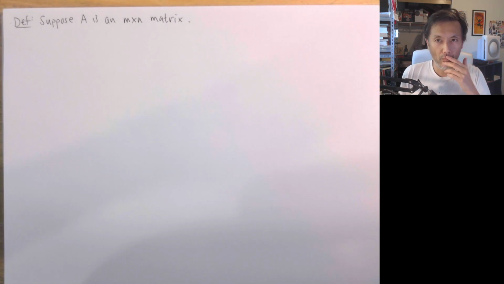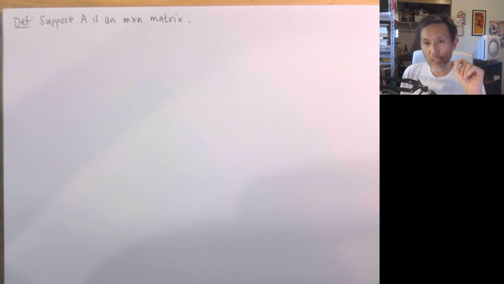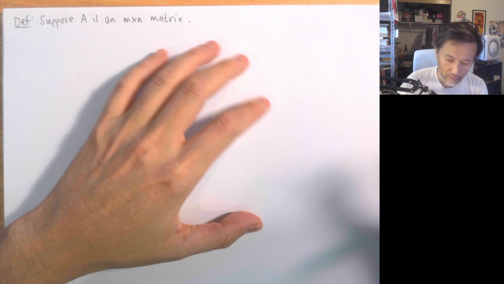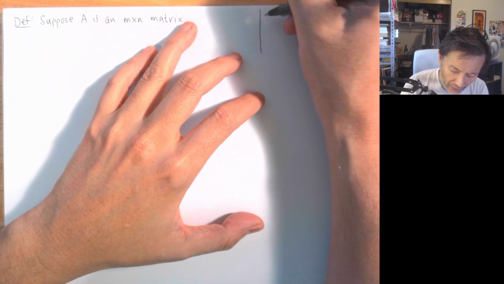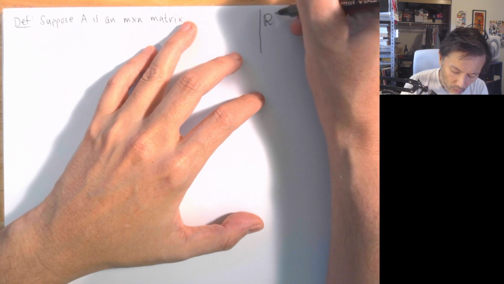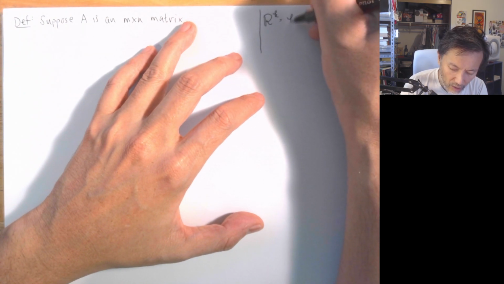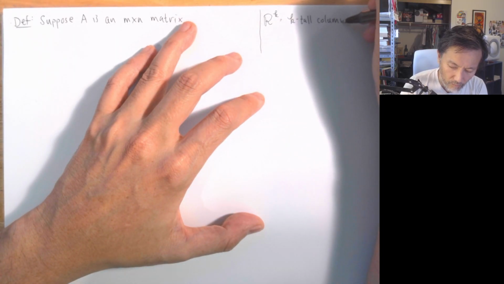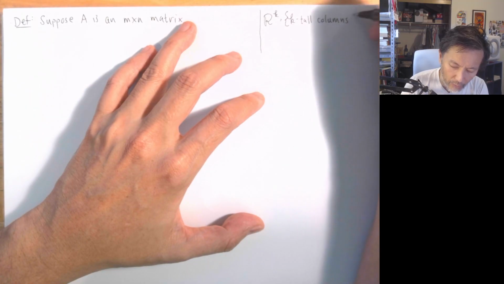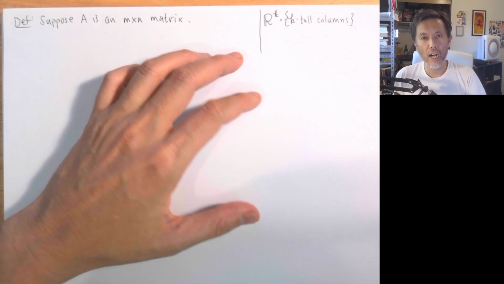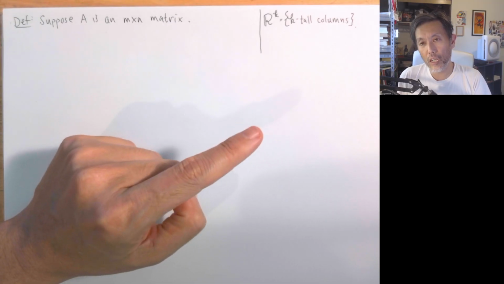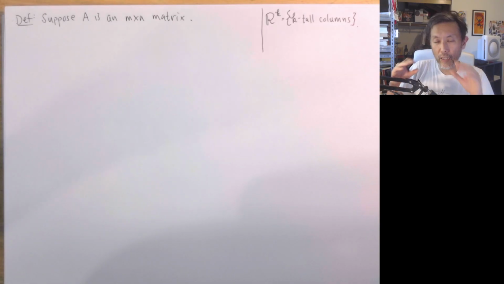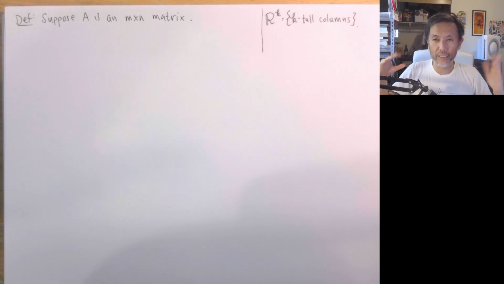Now, this gets a little bit technical. Recall that when we defined Rn, or maybe I'll write Rk, we defined it to be k-tall column vectors. This is how we defined it to start with, right? But I also want to be able to talk about the rows, row vectors in A, things that are not tall but rather wide, if you like.